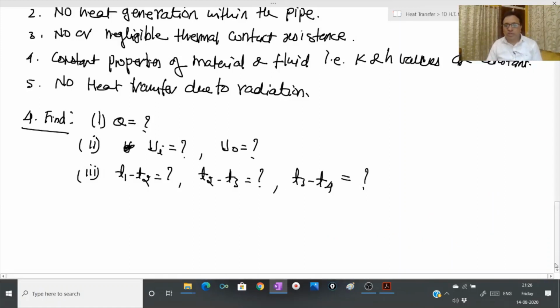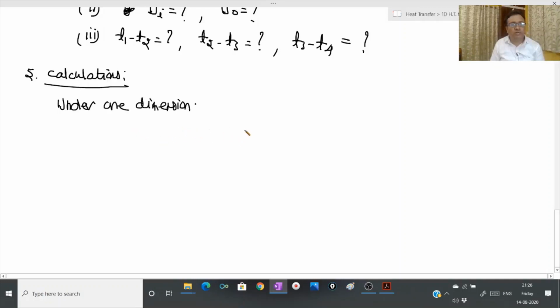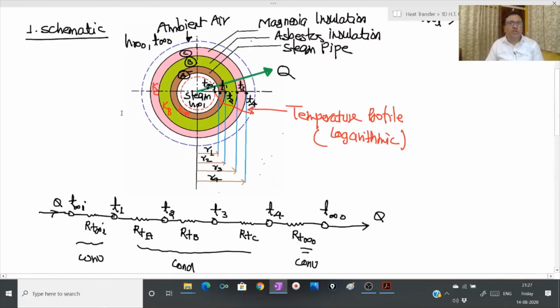Now let us do the detailed calculations. Since we have assumed one-dimensional steady state heat conduction, under one-dimensional steady state heat transfer, the rate of heat transfer from fluid to the steam pipe to the asbestos layer to the magnesia layer to the cold air is going to remain same.